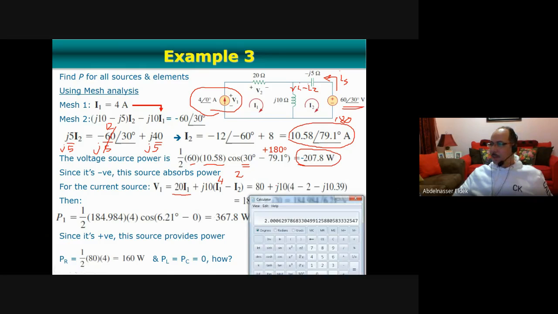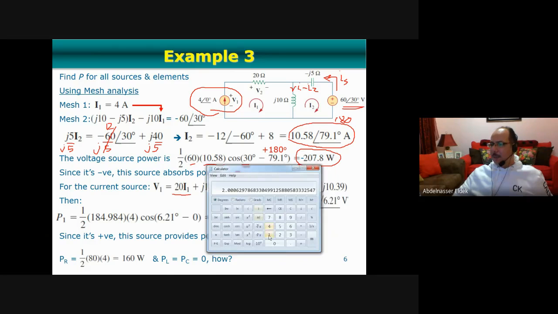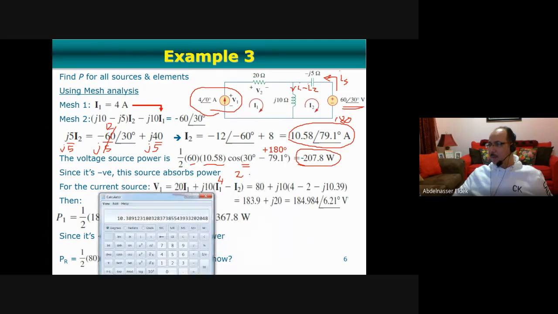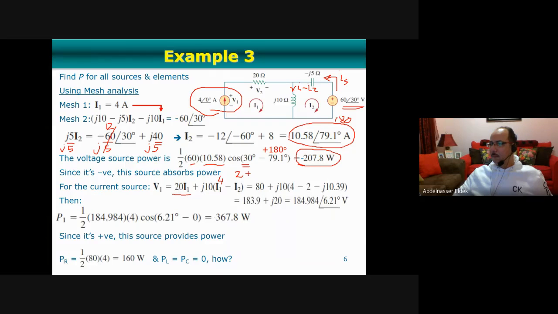So it will be 4 amperes minus 2 minus j10.39.